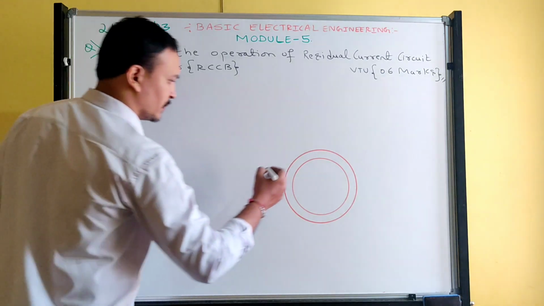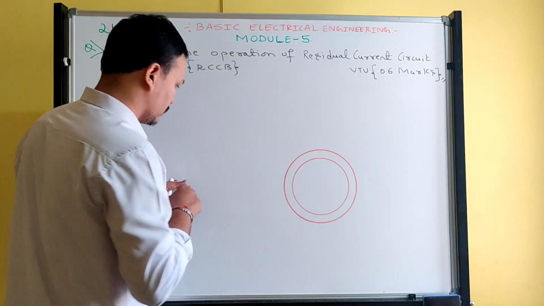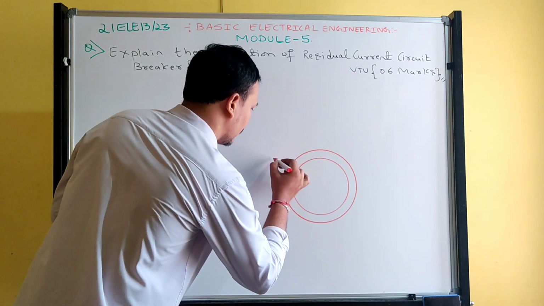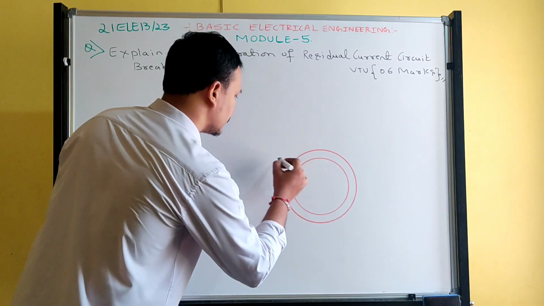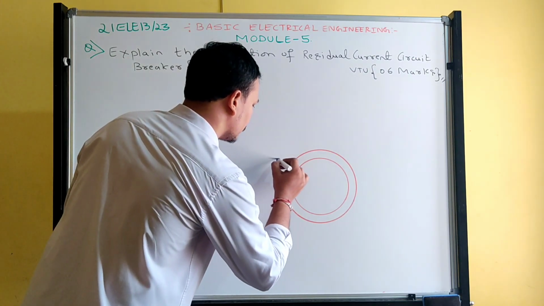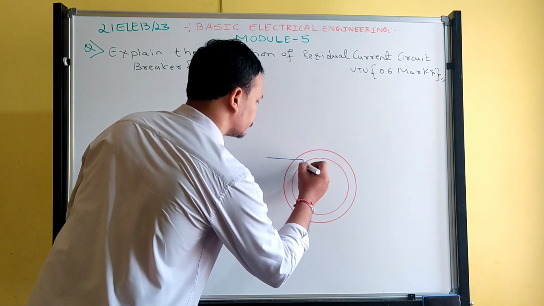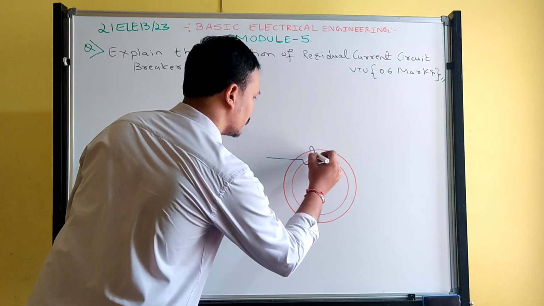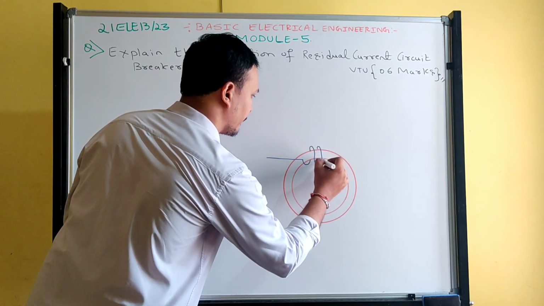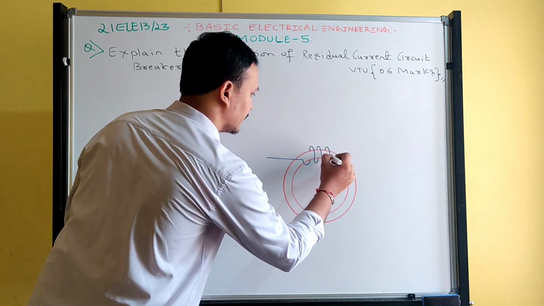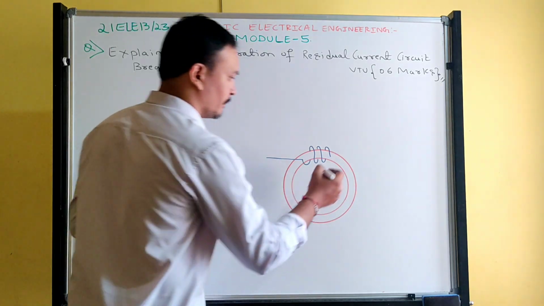So what you should do is take one coil and connect it. Let me take this blue color. Initially you connect like this. The current coil is wound. What I am writing is called the current coil.